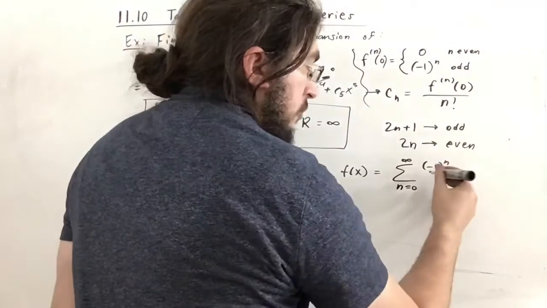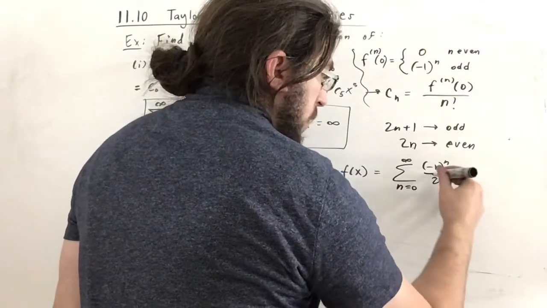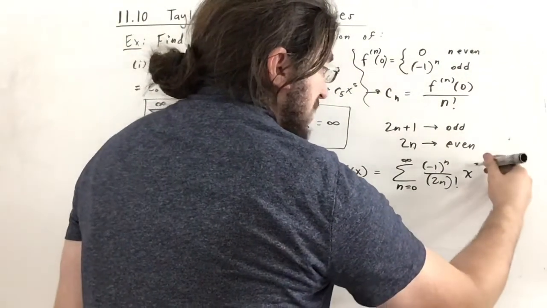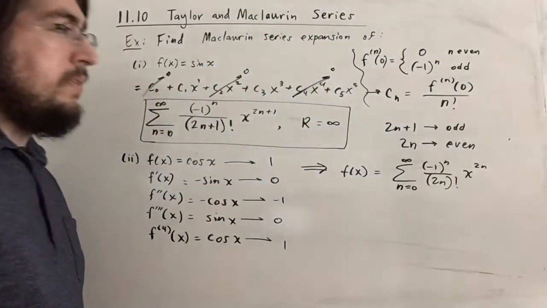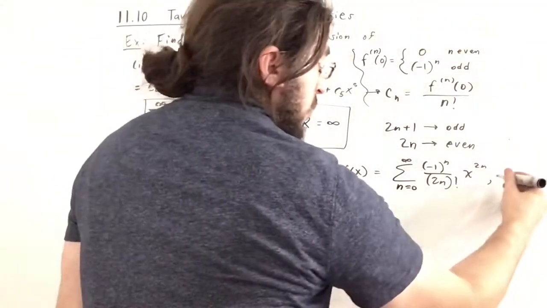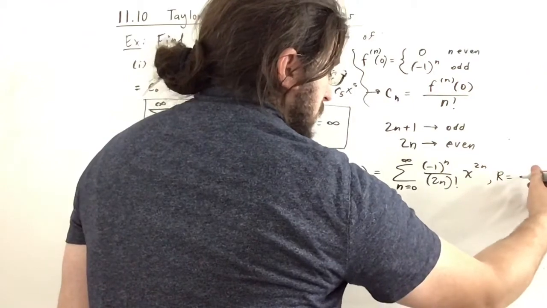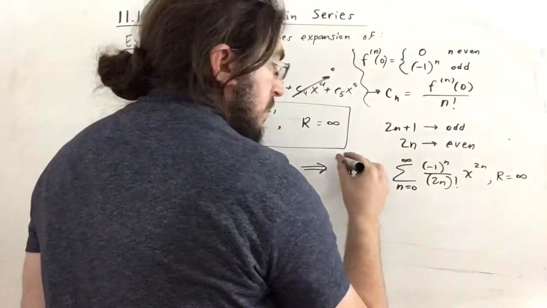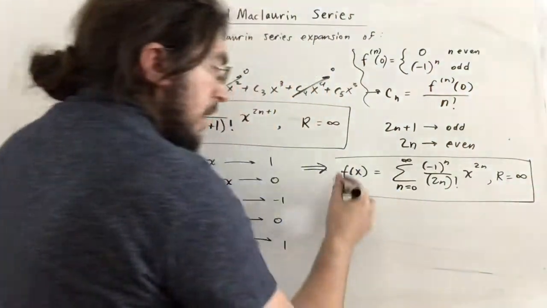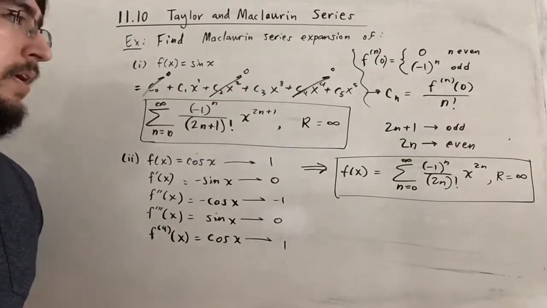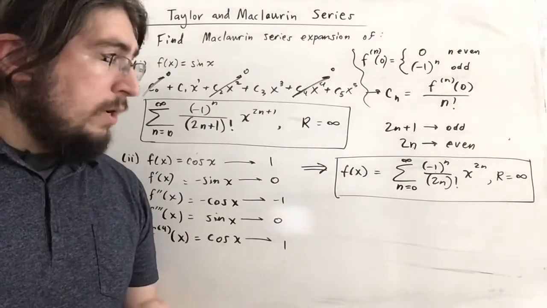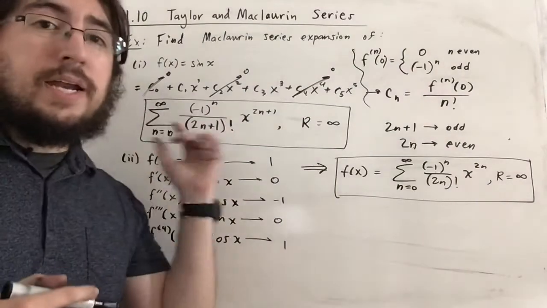So that'll be over an even factorial, 2n factorial, times x to the 2n. Perfect. And here, the radius of convergence, much like with sine, is also infinity. And again, you can check that by a ratio test, and it's not too bad. So this is the Maclaurin series expansion for both sine and cosine.